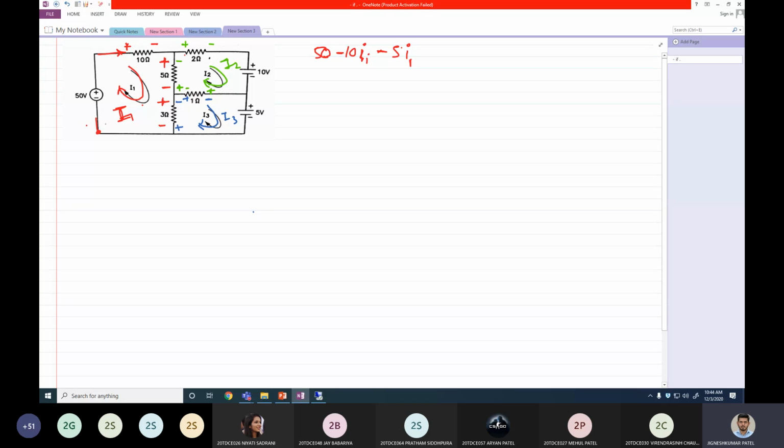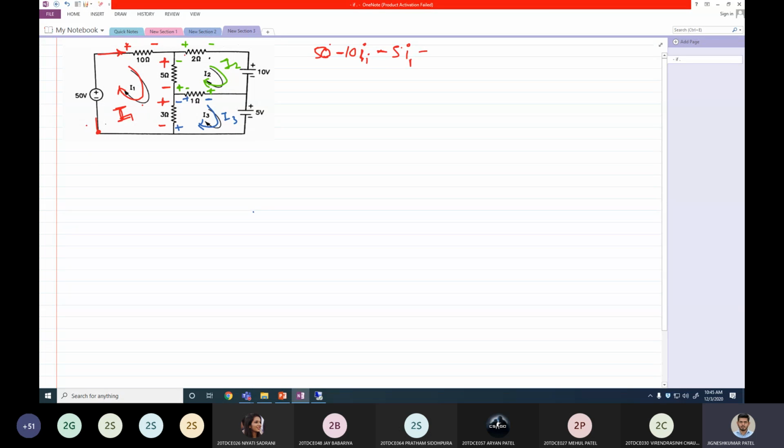Now, along with this current, there is one more current flowing in the opposite direction, and due to that the opposite polarity appears there. So for the second voltage drop across this same 5 ohm resistor, I'll write one more term: minus 5I1 plus 5I2, because here the polarity is different.